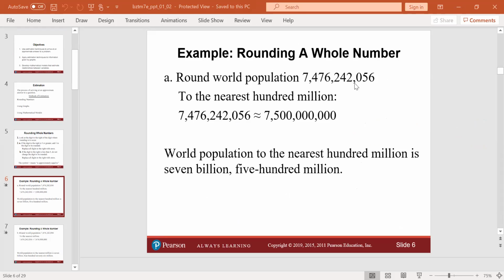All I want is a ballpark. So you might round it to the nearest 100 million, and the 100 million would be at this 4 here. You look one digit to the right, which is 7, so you round it up to 7,500,000,000, and then you could just say 7.5 billion.